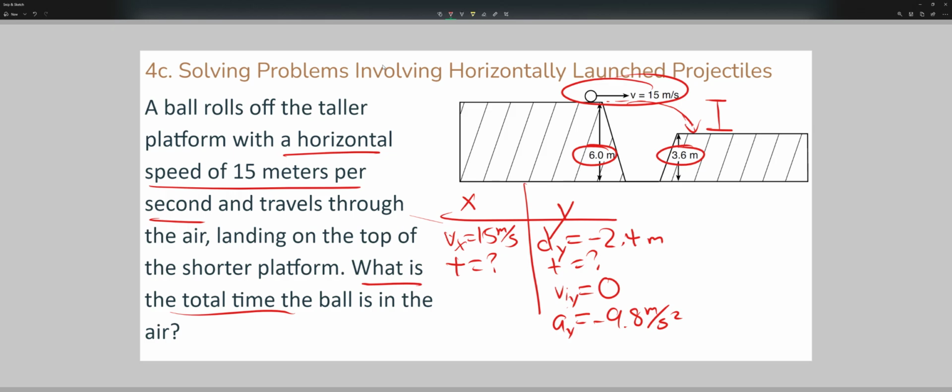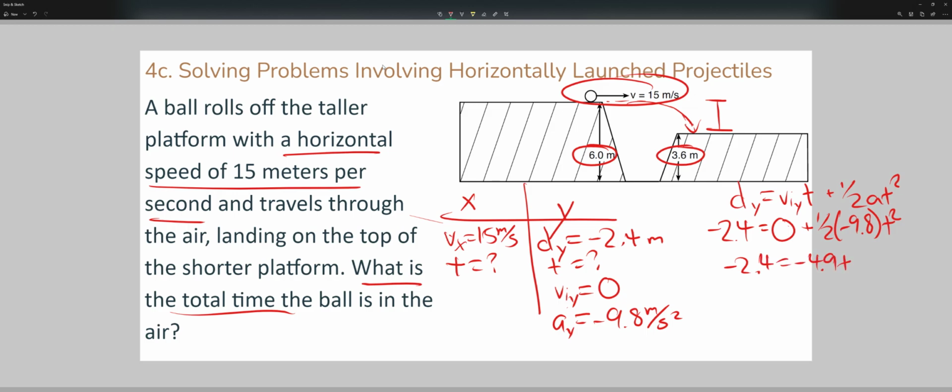Okay. And we're going to use the same exact formula, actually, because this formula, again, has everything we want. Just going to plug things in. This is 0, negative 9.8, t squared, negative 2.4, negative 4.9.